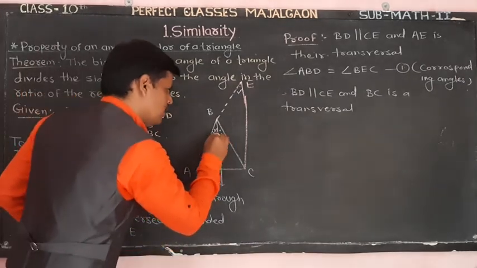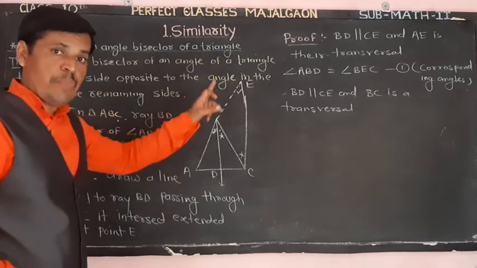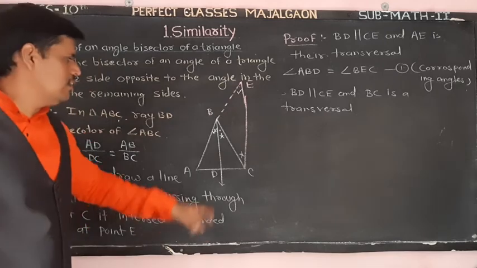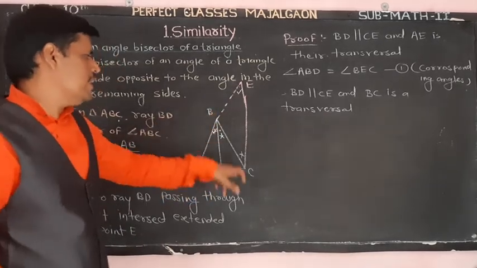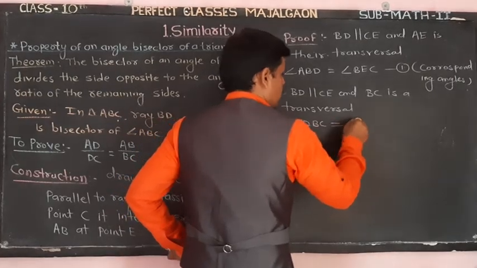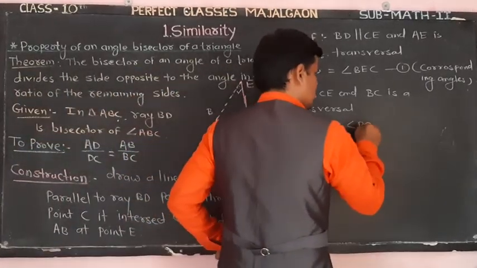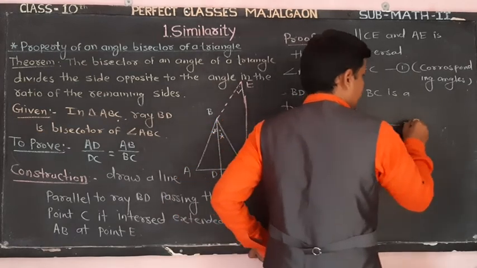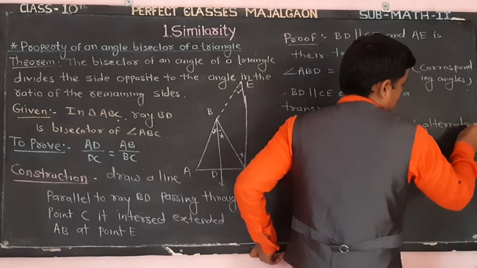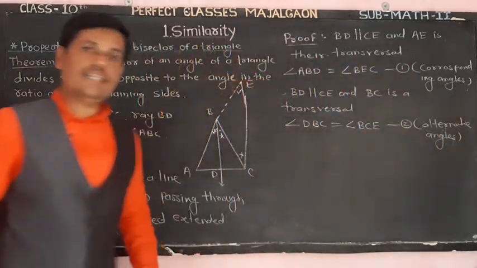Here I draw a star for these two angles. Make a Z, and the angles made by the Z are alternate angles. That's why angle DBC equals angle BCE. Name it equation number 2. The reason is alternate angles.